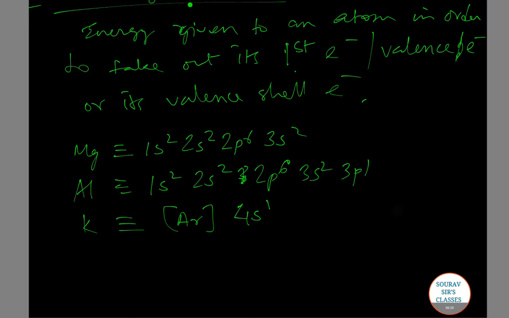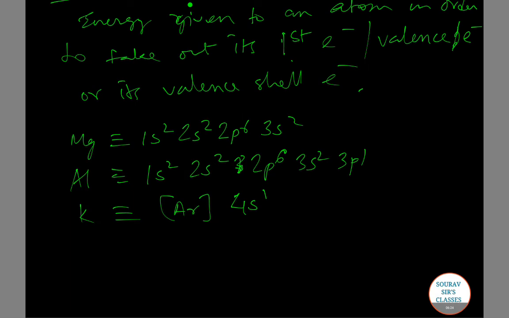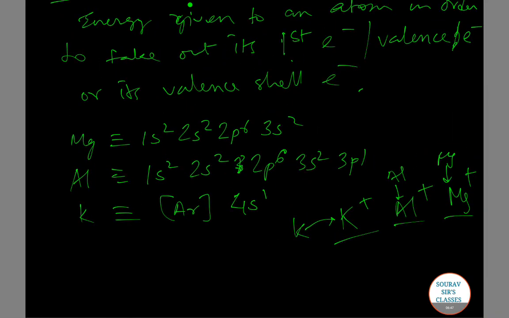Since we have to find the first ionization energy order, what we need to first get is the K+, Al+ and Mg+ order, because after giving the first ionization energy, K will be K+, Al will be Al+ and Mg will be Mg+, since we have taken out one electron from each.